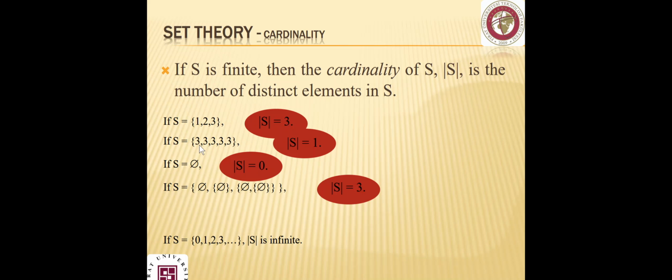As I said, repetition is not regarded in sets, so if you have 3, 3, 3, 3, whatever number of 3s you repeat, it is considered only one 3. That means the cardinality here is 1. Phi itself is a set with no elements. Its cardinality is 0. But look at this.